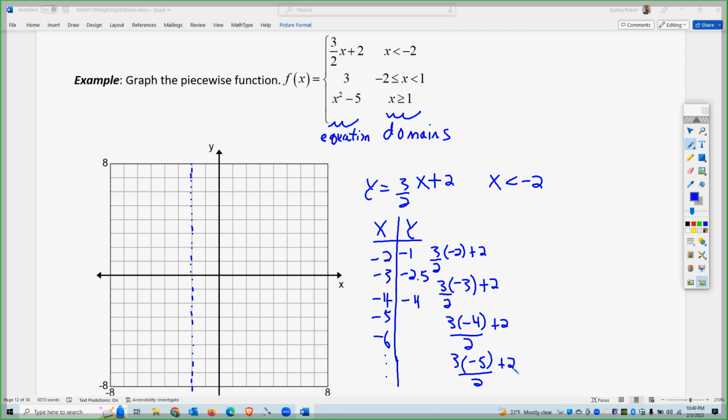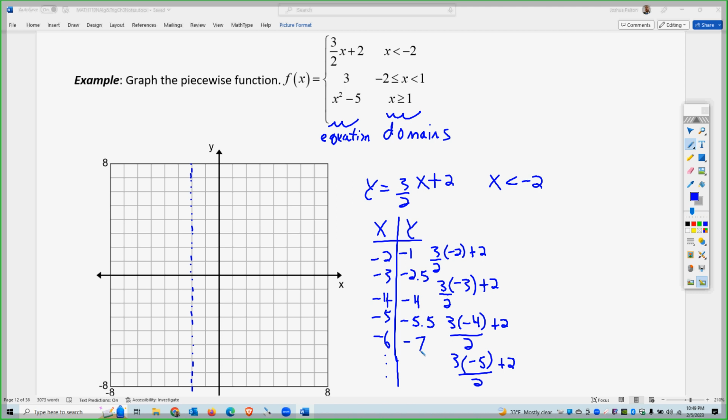So -7.5 plus 2 is -5.5, right? So if I did 3 times 6 is 18, divided by 2 is 9. So that's what, -7? Okay, so -2, I meant -1.